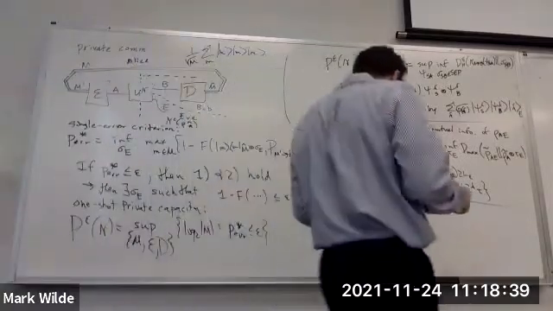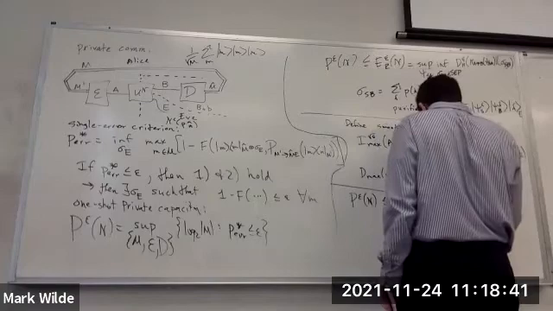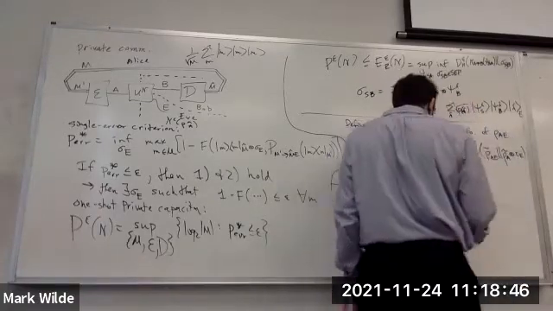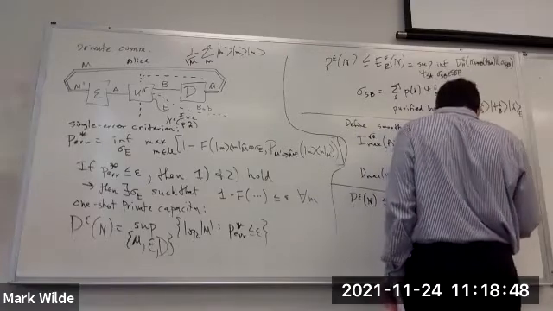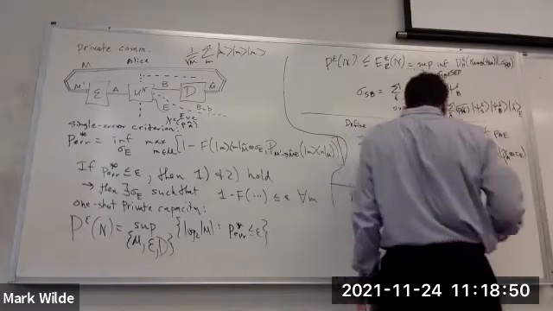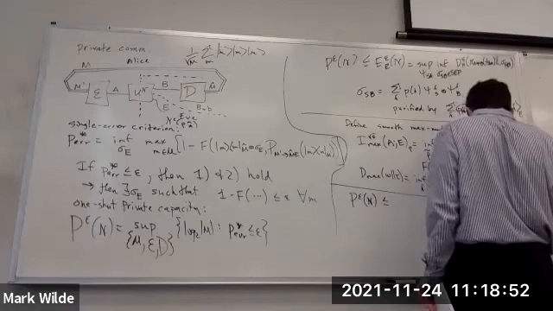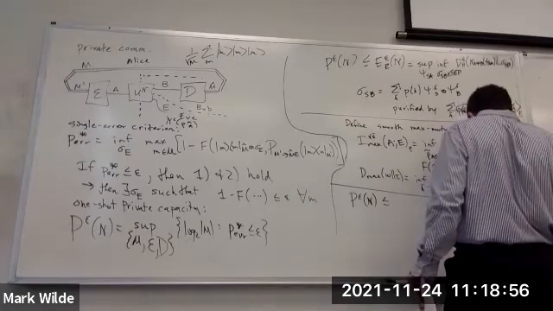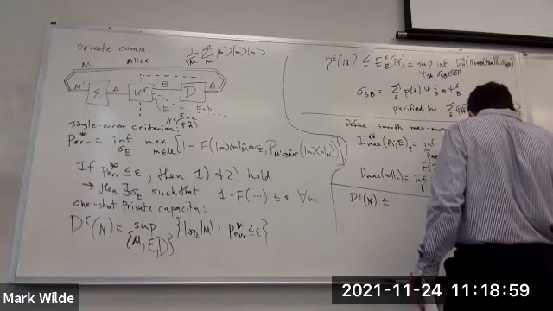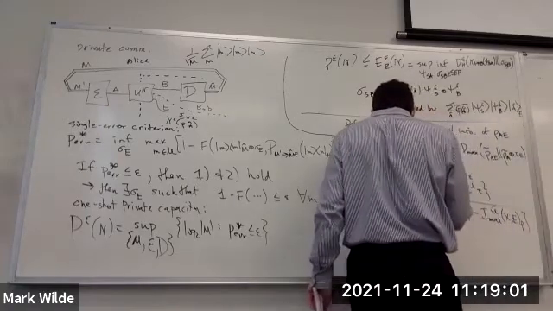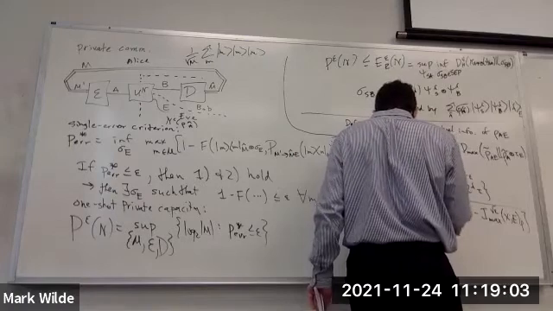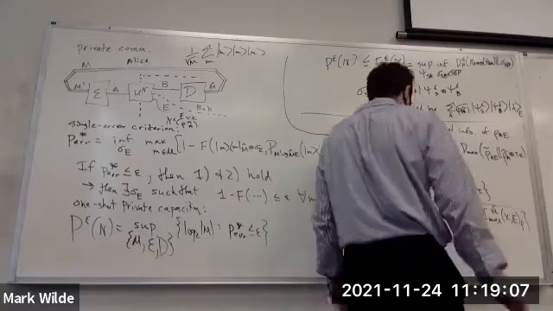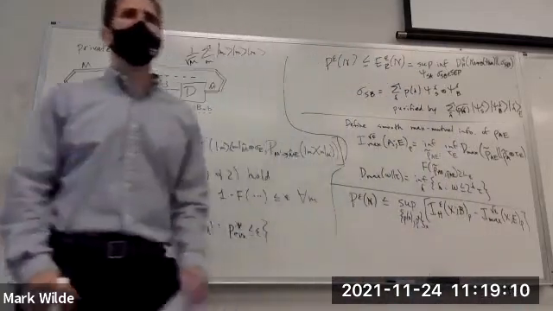So it'll be the difference of Bob's mutual information and Eve's smooth max mutual information. And you optimize over all input ensembles. That's a one-shot bound. Okay.